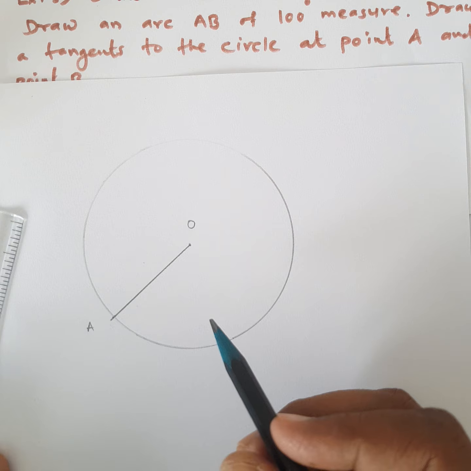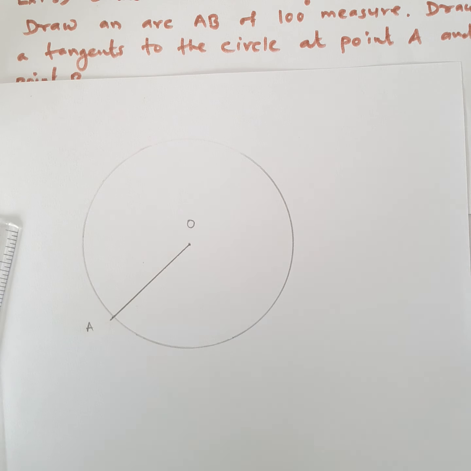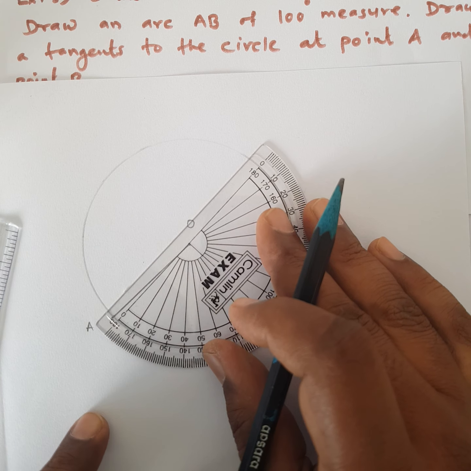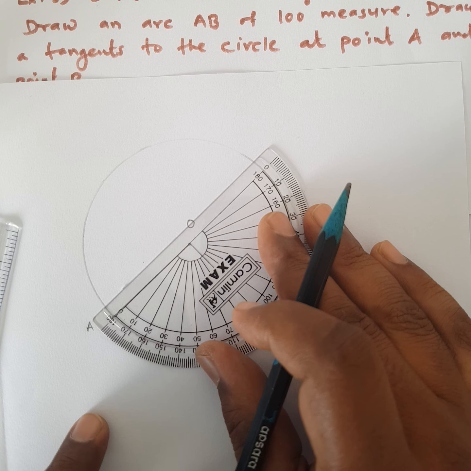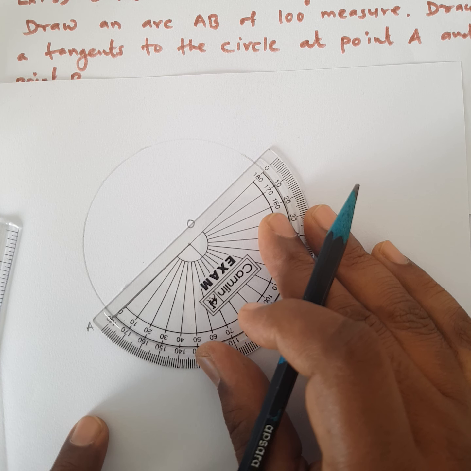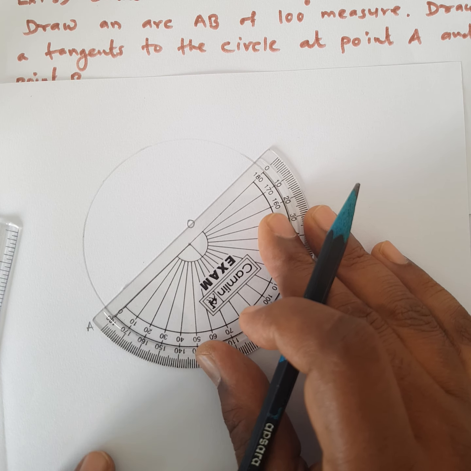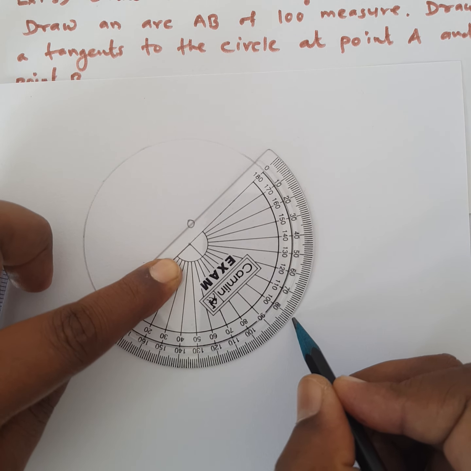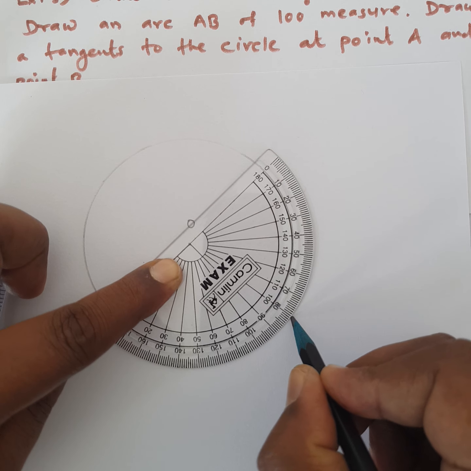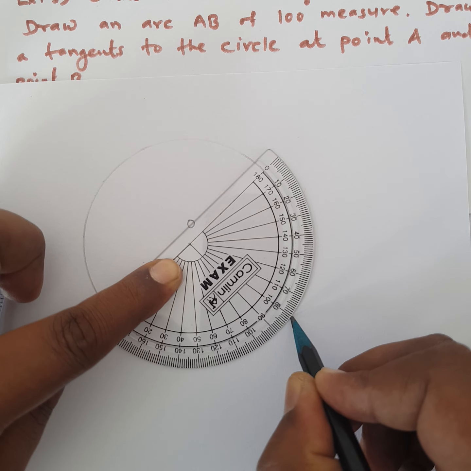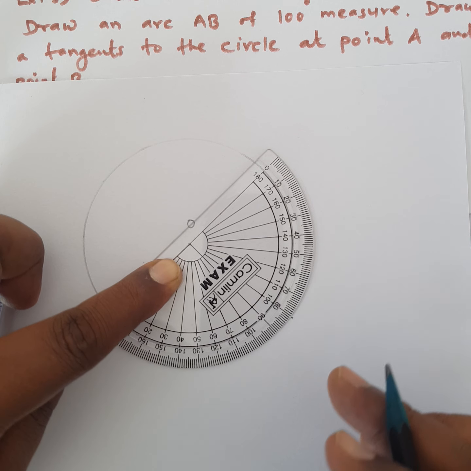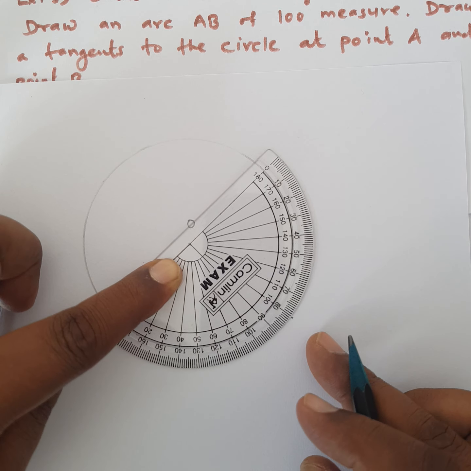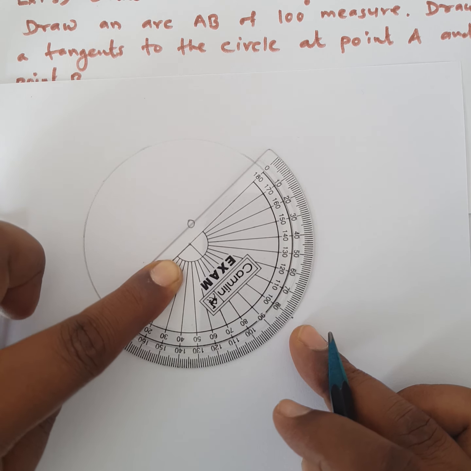Now the other arm is making a 100-degree angle with this first radius or arm of the angle. Now the 100-degree measure is here, so we have to draw another arm or another radius passing through this point.